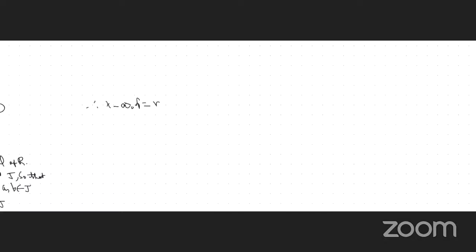That implies R must be equal to 0, no? That will put 0. That implies x equal to a naught cube.